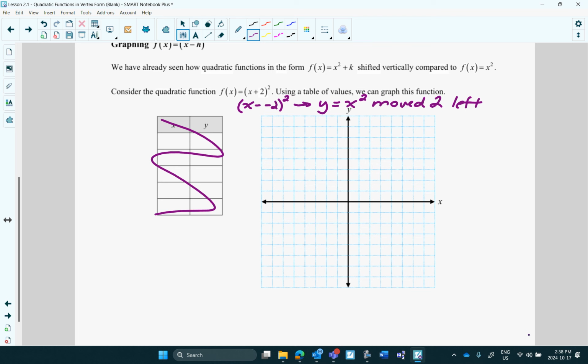If it's minus, you move to the right. If it's plus, you move to the left, because plus is the same as minus minus. And we saw this on Desmos, and then we go 1 across, 1 up, and then 2 across, 4 up.